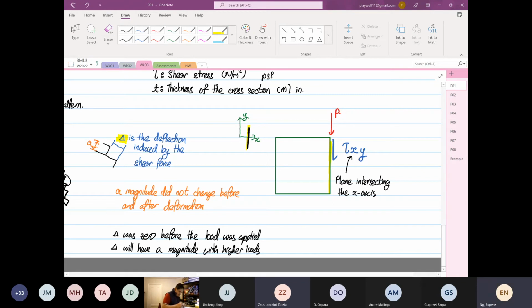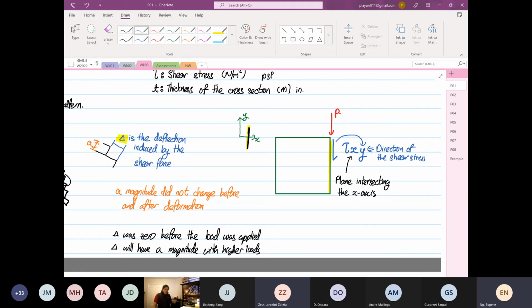The y is the direction of the shear stress. So the direction of the shear stress is in the y direction. That's how you label it.